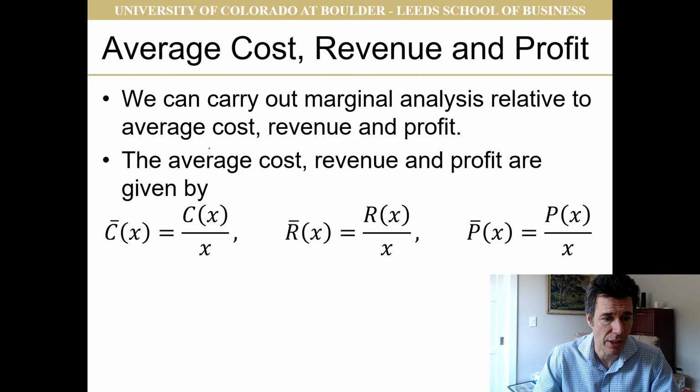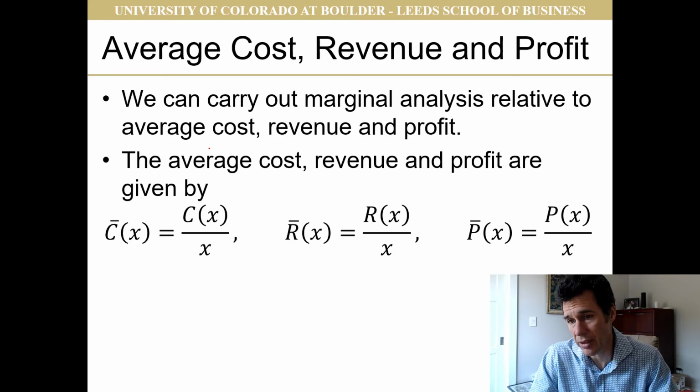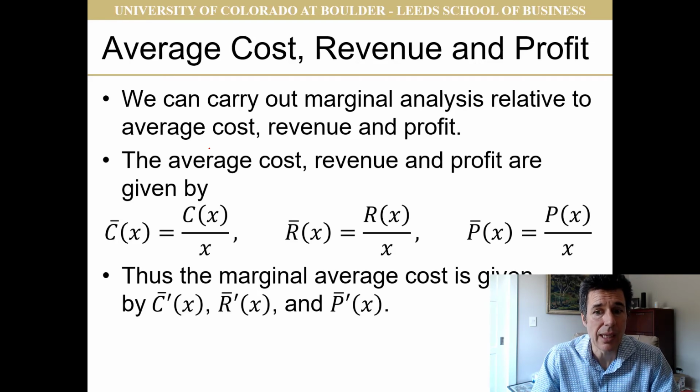The average cost, and we typically denote this with a bar over the letter, so C bar of x, average cost, is C of x divided by x, R bar of x is R of x divided by x, and P bar of x is P of x divided by x. The marginal average costs are given by C bar prime of x, R bar prime of x, and P bar prime of x. So we take the derivatives of these functions.